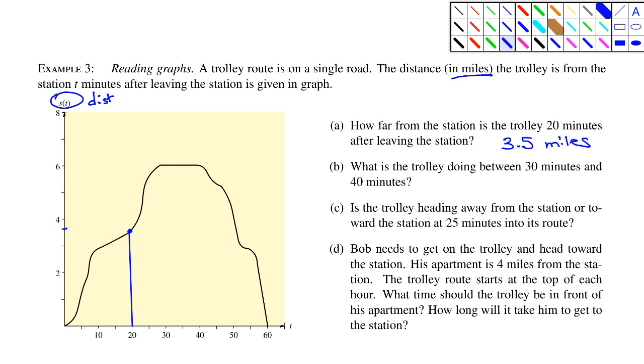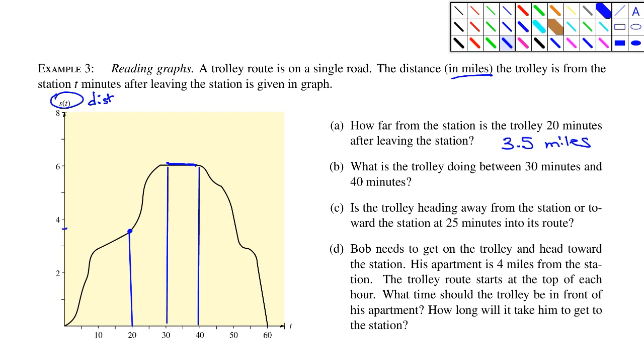Question B, what is the trolley doing between 30 minutes and 40 minutes? So if I project straight up from 30 minutes right here and 40 minutes right here, we see a horizontal segment right here, which means that the distance that the trolley is from the station is not changing.